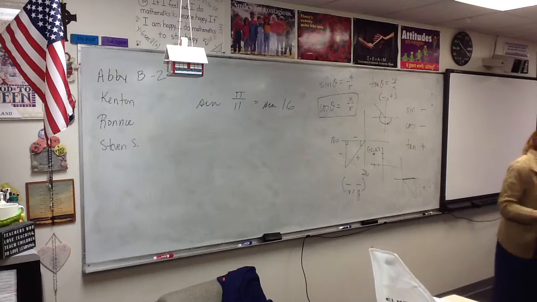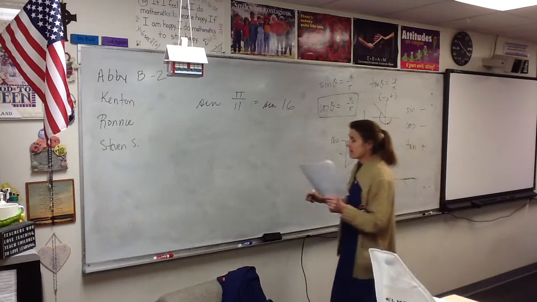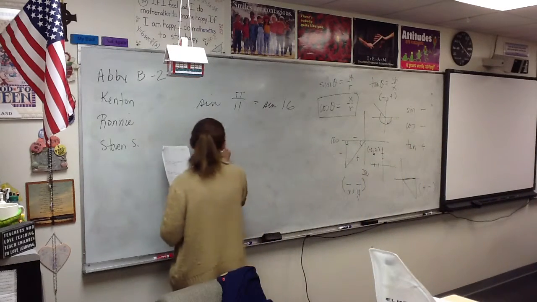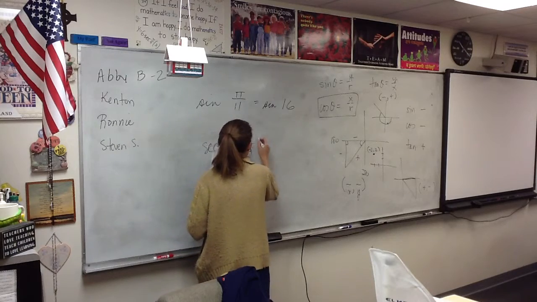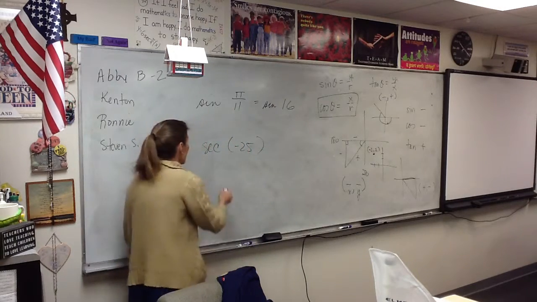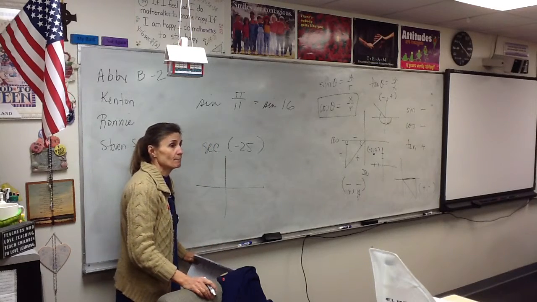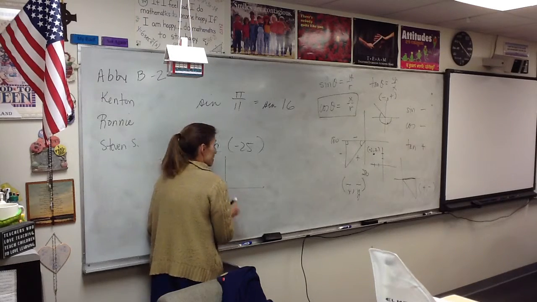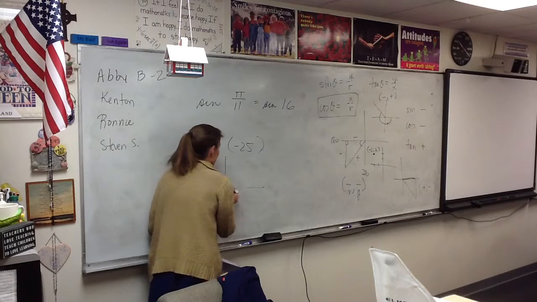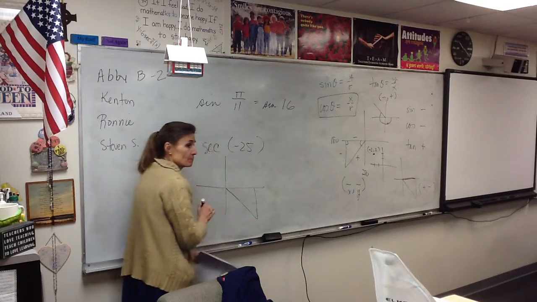Okay, H, what's negative pi over 7? Negative 25. So that one's negative 25 point something. Which quadrant would negative 25 be in? Negative 4. That would be down here, wouldn't it?